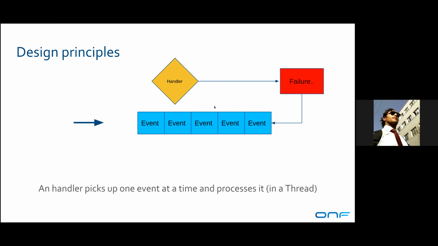So ONOS has a retry in case the flows, for example, are not installed, and that means they are not acknowledged via flow stats. But we're not dealing with those kind of failures here. Here we're more, I definitely picked the wrong word with failure. We're dealing with, we need to wait for this to happen before we can proceed.